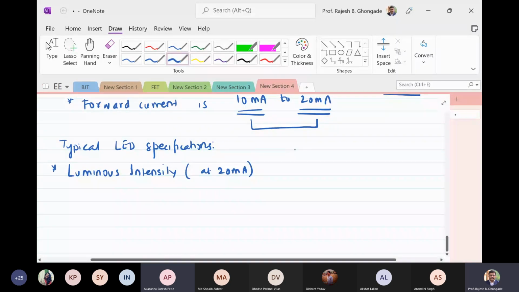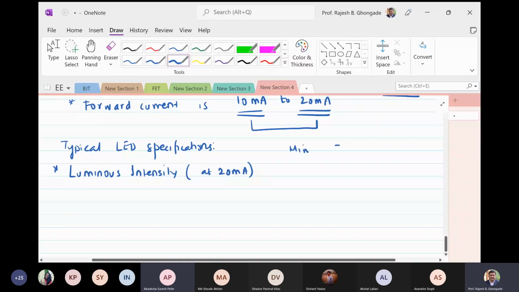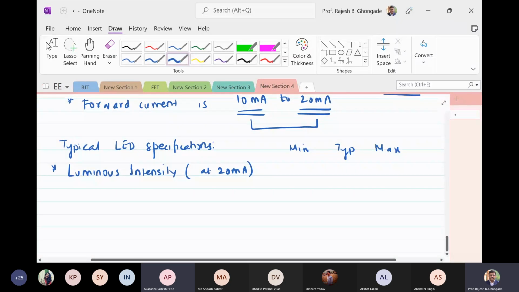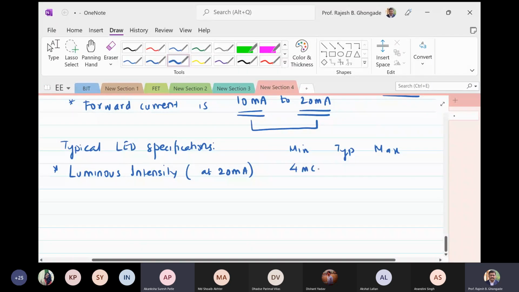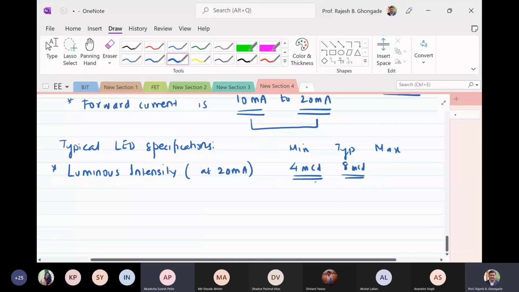So you have the minimum, the typical and the maximum. These three columns you will always see in all the data sheets. The current flowing through the LED is 20 milliamperes and this is 4 millicandela, 8 millicandela. So typically it is 8 millicandela, but it is guaranteed to be not less than 4 millicandela.